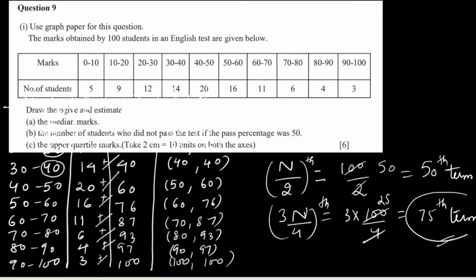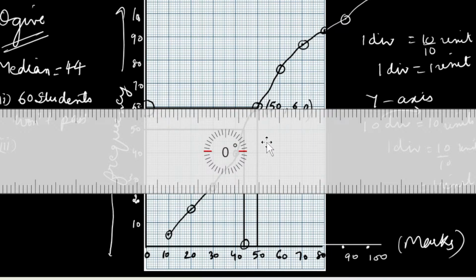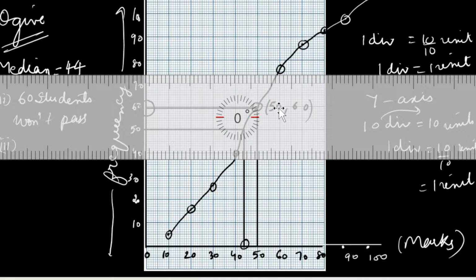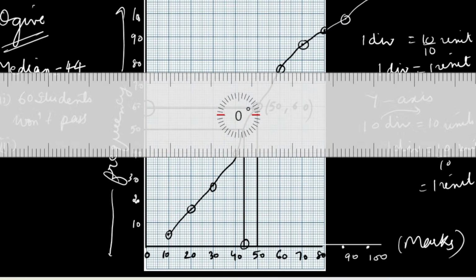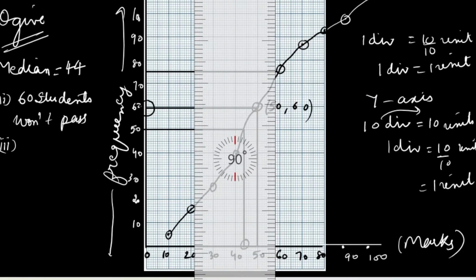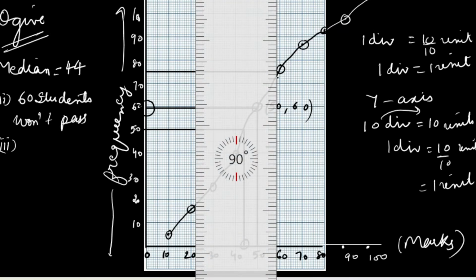So now we have to find the upper quartile. At 75 we will draw one horizontal line which should touch the curve, and corresponding to that point we will draw one vertical line as well, which will meet the x-axis.